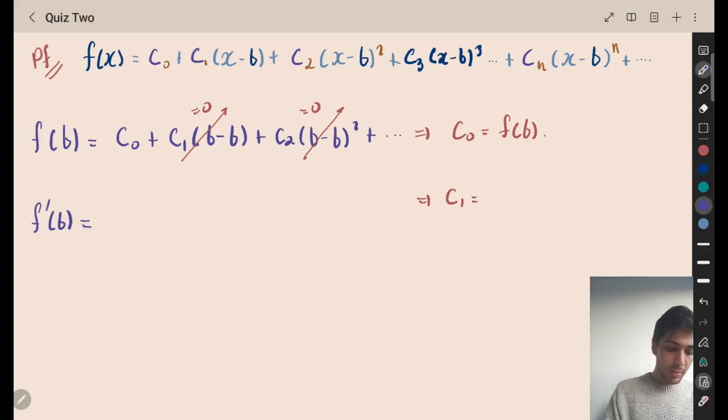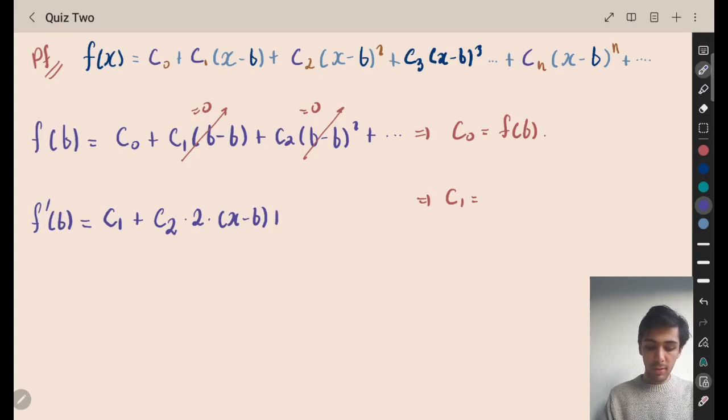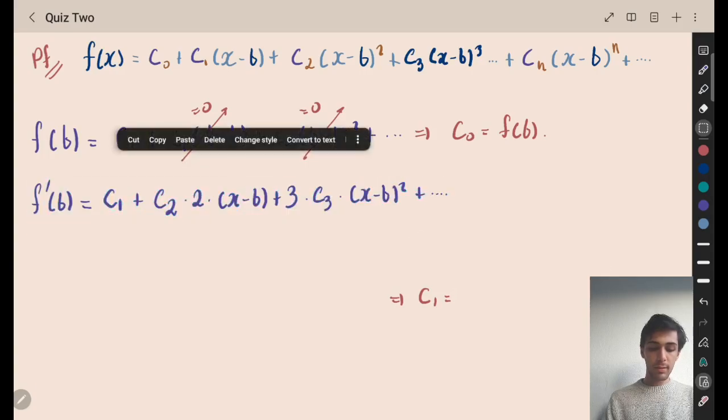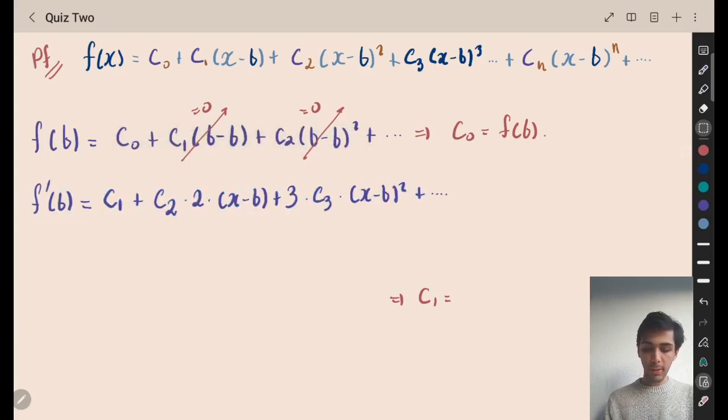The derivative of f is going to be C1 plus C2 times 2 times (x minus b) plus 3 times C3 times (x minus b) squared, and so on and so forth. And now I can plug in b. So that is the trick here. You see the trick? That's a very nice trick.